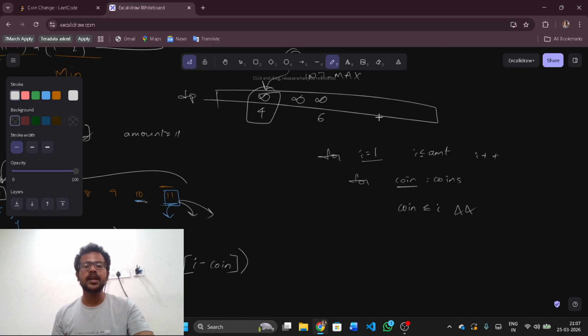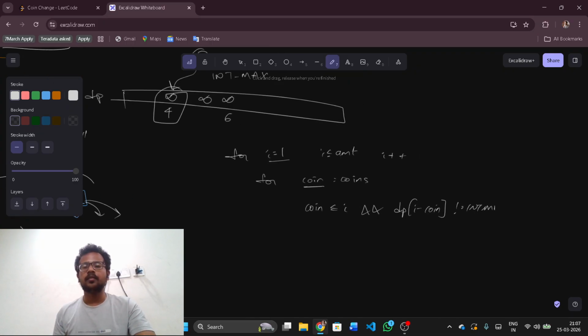So I need to make sure that dp of i minus coin is not equal to int max. If that is the condition, then I'll update dp of i equal to the minimum of dp of i, comma, 1 plus dp of i minus coin.